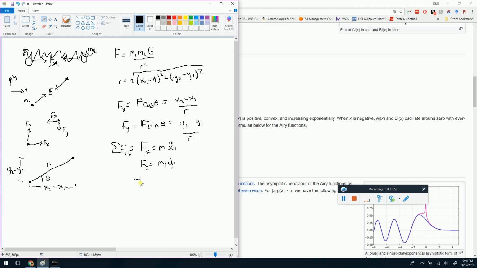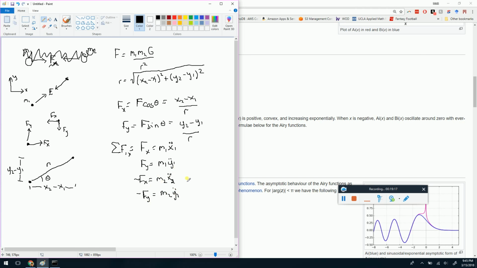So negative Fx is equal to m2 x2 double dot, and negative Fy is equal to m2 times y2 double dot.